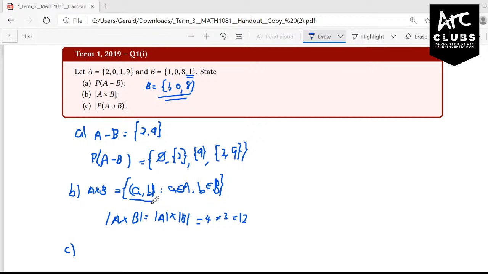Every single element in your Cartesian product will be a, comma, b, with round brackets. So 0, 1 is not the same as 1, 0 in the sense that we have ordered pairs. Cool.